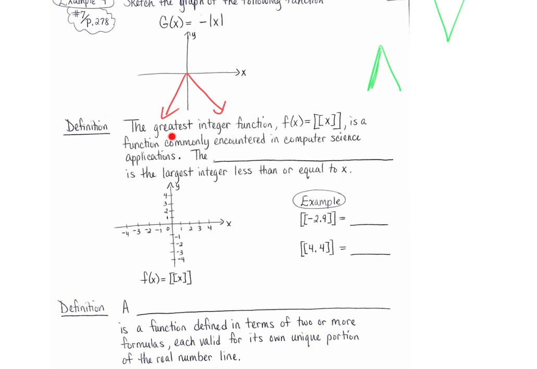Definition. The greatest integer function, f of x, in your book will be written like this. I just tend to write it this way on paper so you can see the difference. The greatest integer function is a function that's commonly encountered in computer science applications.